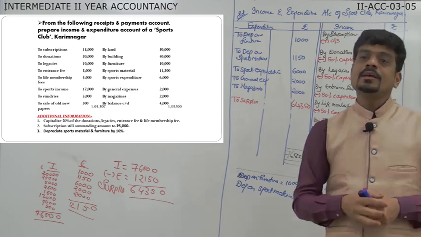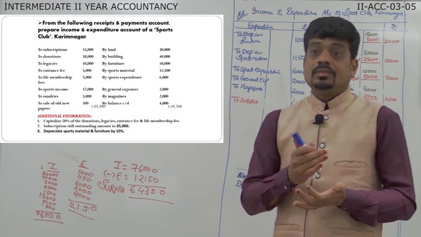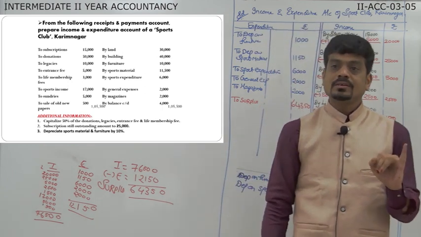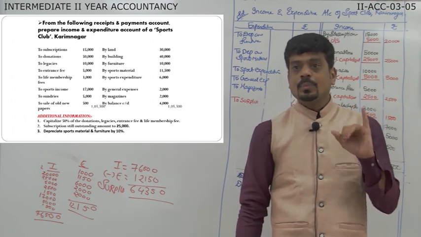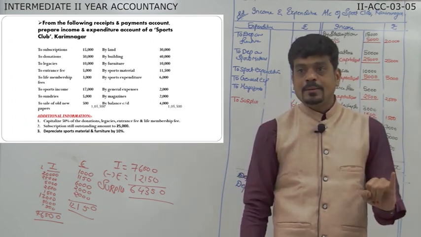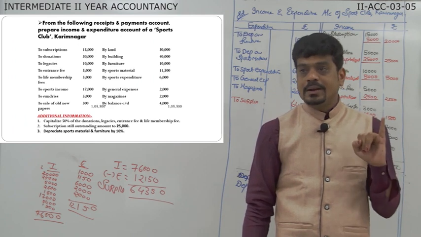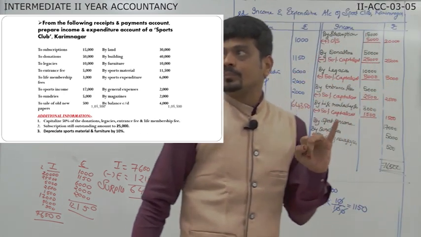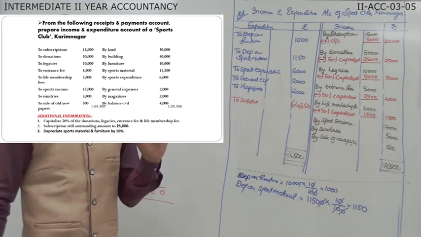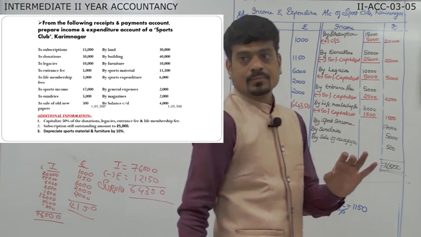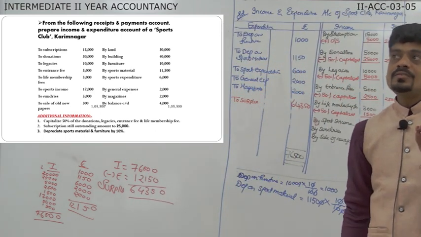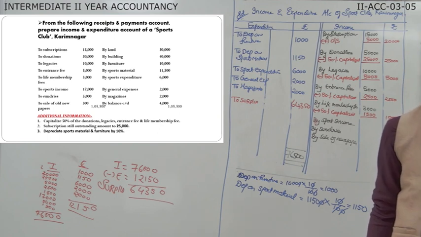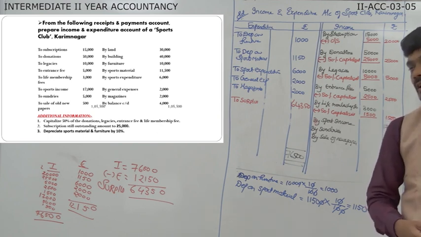So, what are the important things which we can expect from this chapter? One, you can expect 5 marks, differences between receipts and payments account, income and expenditure account. Along with that, you can also think you will get the question on what are the features of receipts and payments account, or they may ask you to explain what are the features of income and expenditure account.